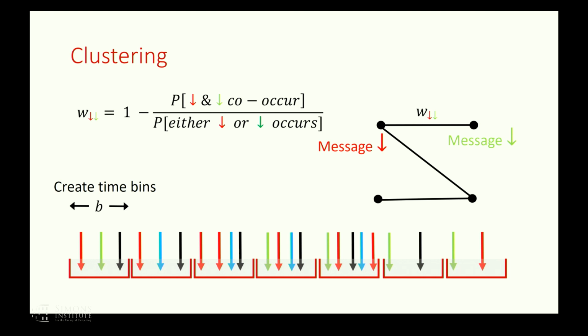So if this number is small, that means red and green co-occur. By co-occurring, what I mean is first you take the message set and divide it into smaller bins, looking at smaller intervals of time. There are a lot of metaparameters that you have to deal with in these kinds of problems, but let's say we can somehow deal with that. Then you look at the co-occurrence probability and assign a weight.